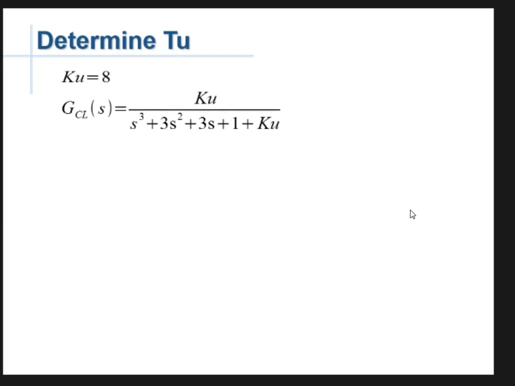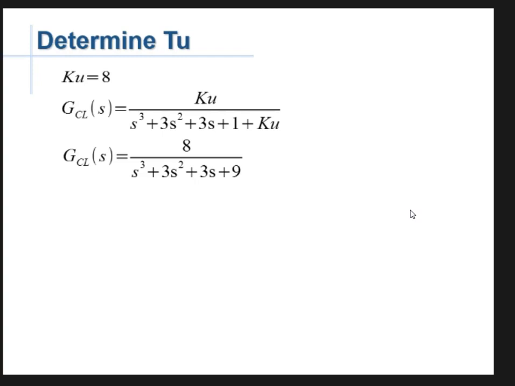If I take the gain which makes my closed loop system unstable and substitute it back into my closed loop transfer function, then I'm going to get 8 over s cubed plus 3s squared plus 3s plus 9. So for this closed loop transfer function, my closed loop system should be oscillating. I should be seeing a continuous oscillation because this is the gain which makes that happen.